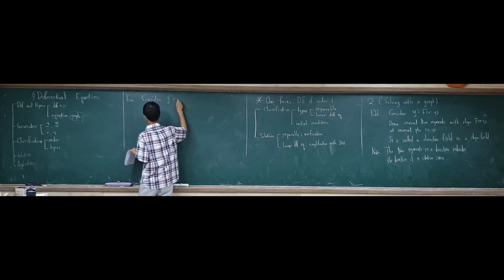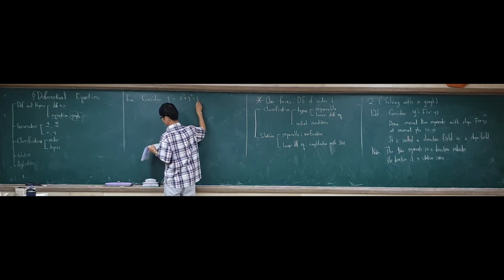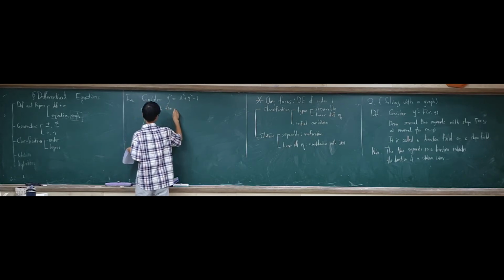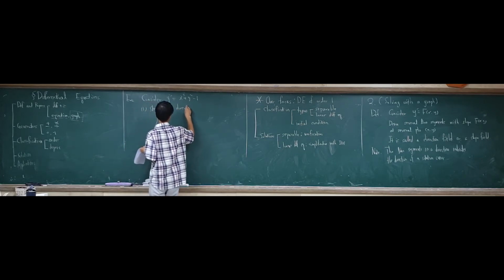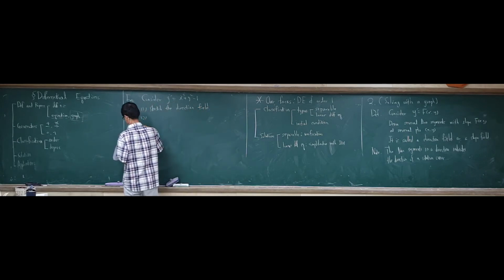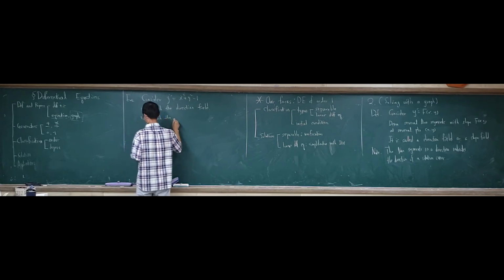We assume that y prime is given as x squared plus y squared minus 1. And first, we want to sketch the direction field. And then we want to solve the equation with an initial condition.